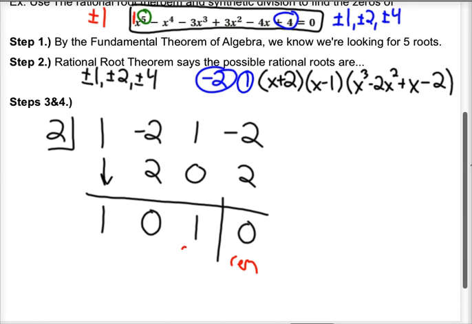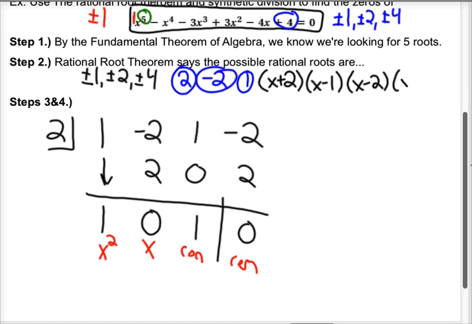The remainder, the constant, x, and x squared. Now I've broken out another root because I have remainder 0. So I have a new factor of x minus 2 because we have another real root at 2.